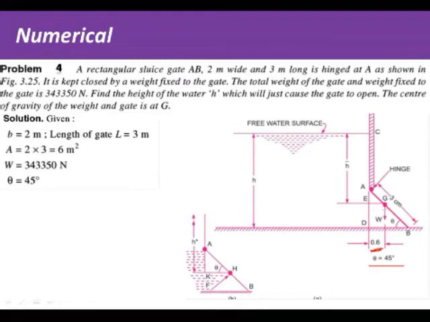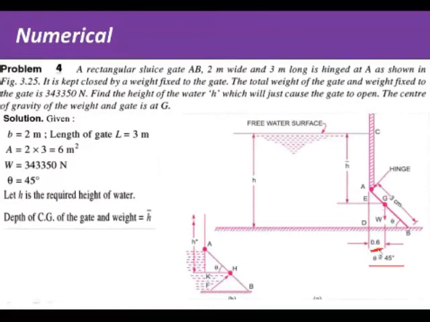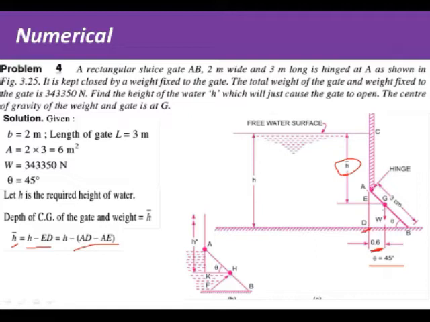So let H be the required depth when the water is just about to open the gate, and the depth of the center of gravity is denoted by H bar. So H bar is the location of CG from the free liquid surface. From the figure, we now find this H bar by geometry. Now we will draw one vertical from A. It will intersect the ground surface at point D. So this is one triangle ABD.